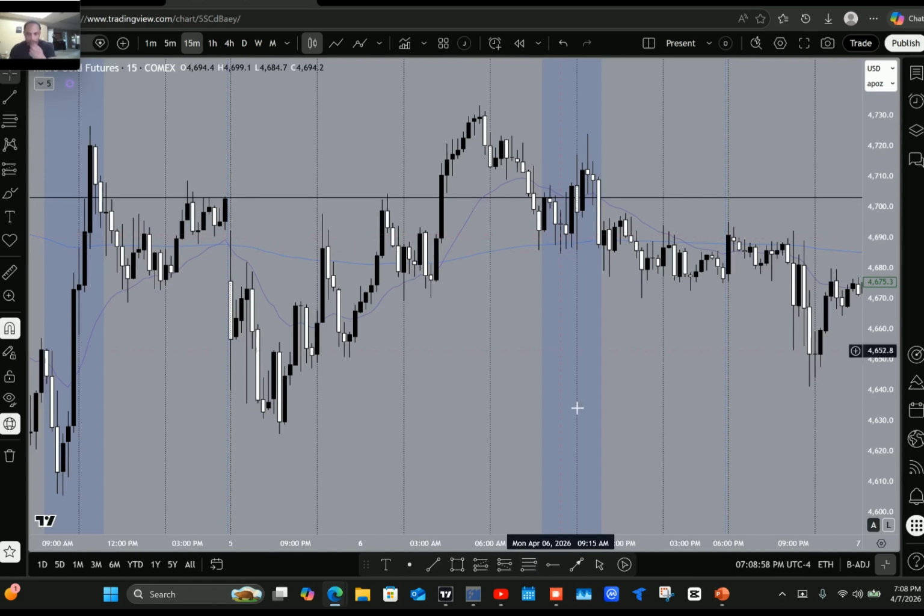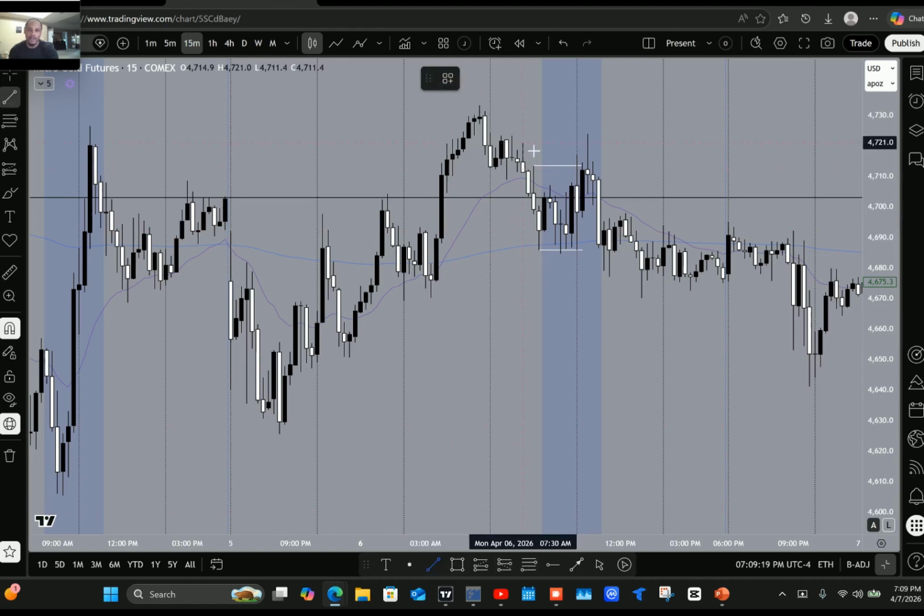So judging off of that, we want to mark out our swing lows and our swing highs that are relevant to that 9:30 open. So here is 9:30's open right here.